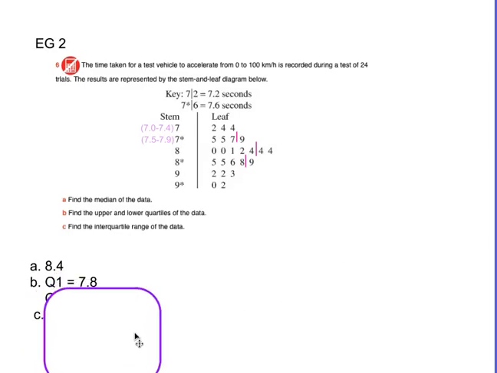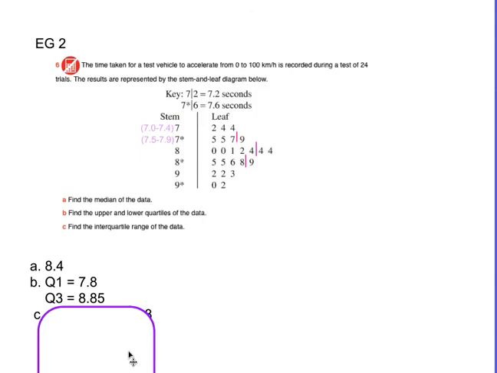So you could either work it out in your head, or what you could also do is add those two numbers together, so 8.8 and 8.9, and then halve it, because that will give us halfway between the two. Okay, so our Q1, to recap, is 7.8, and our Q3 value is 8.85.